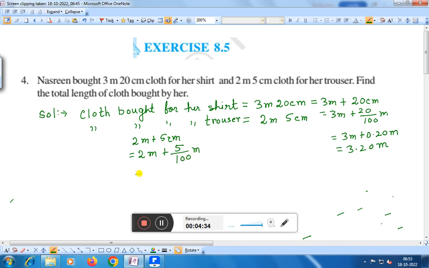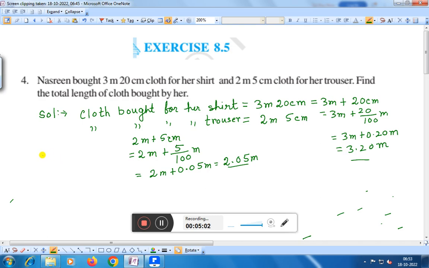Right? Therefore, it is equal to 2 meter plus 0.05 meter, and that is equal to 2.05 meter. That means you have to add this number with this number.